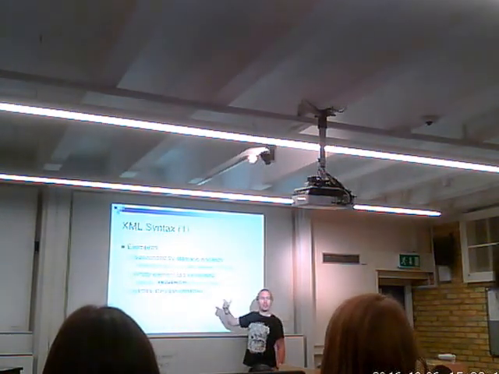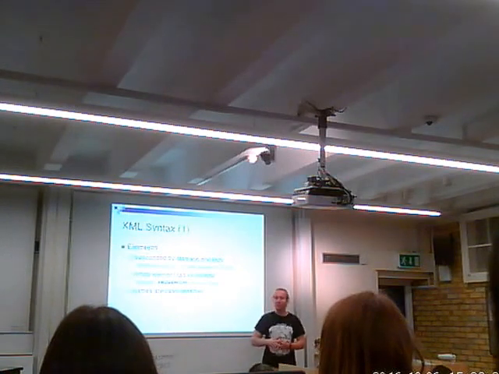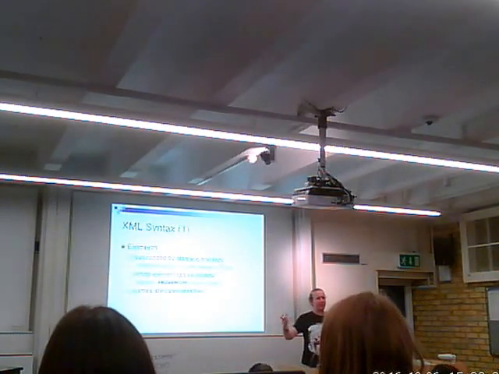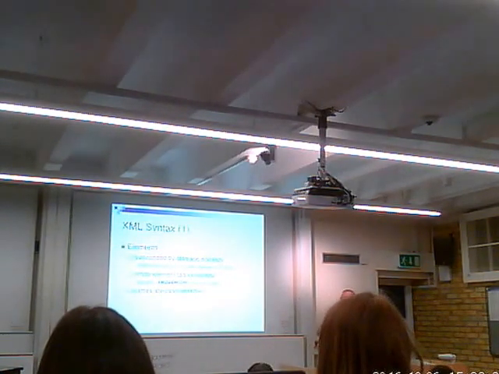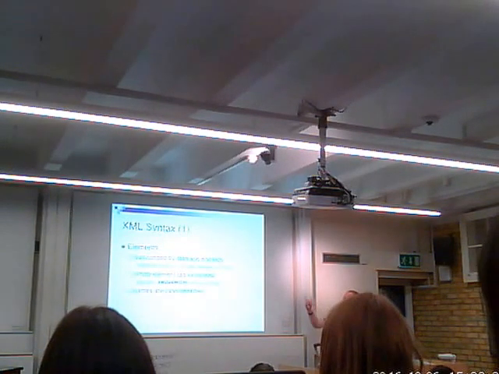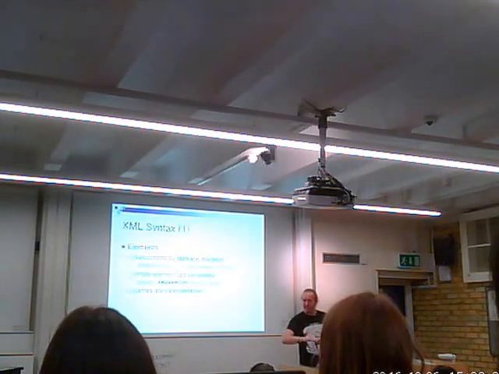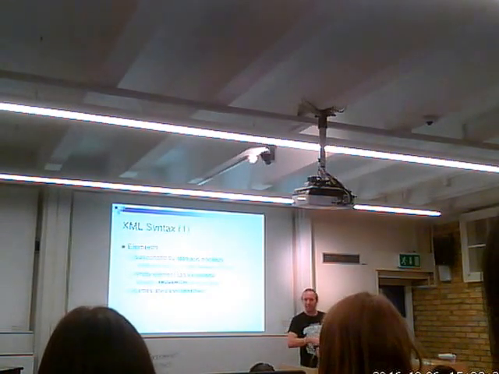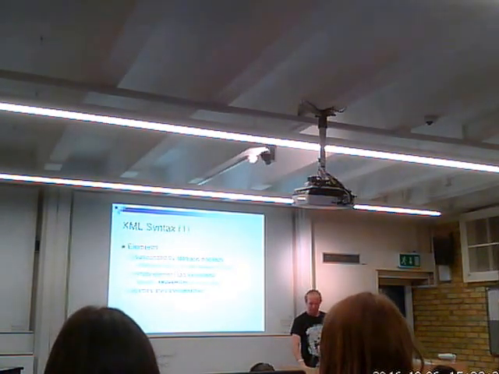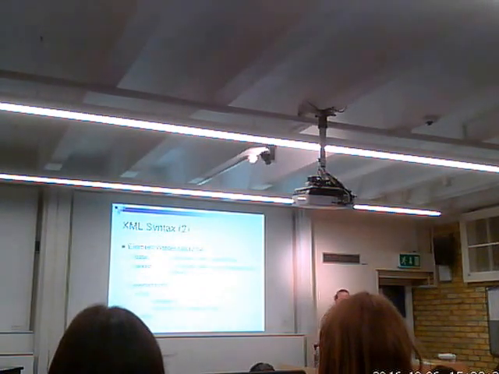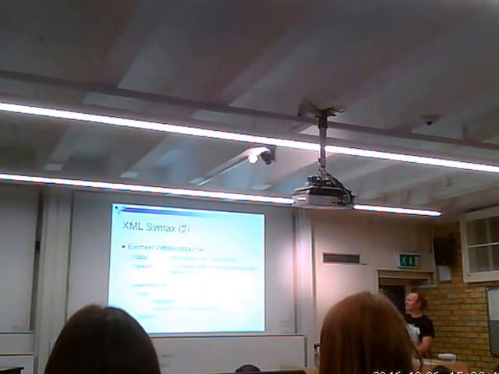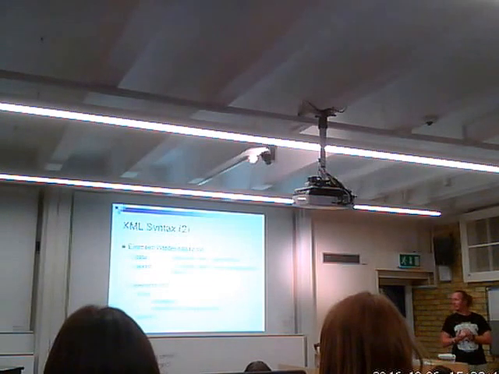If you have no information to go between the open and close tag, you still need the tag there to represent what the element is in the document. Names are case sensitive, so uppercase, lowercase does make a difference in XML. So be aware of that. If you're having errors and you're not sure why, check the case sensitivity.